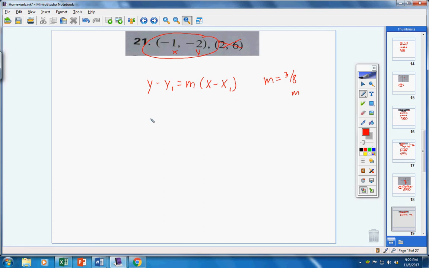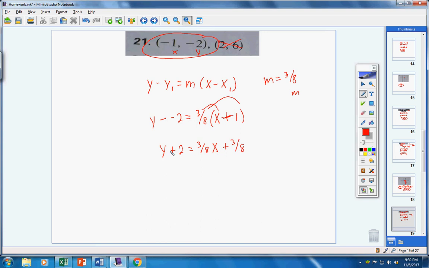So, y minus y, which is negative 2, equals m, 3/8, times x minus x, which is negative 1. So, y minus a negative 2 is y plus 2. X minus a negative 1 is positive 1. Take your 3/8, multiply it through. 3/8 times x is 3/8 x. 3/8 times positive 1 is positive 3/8.